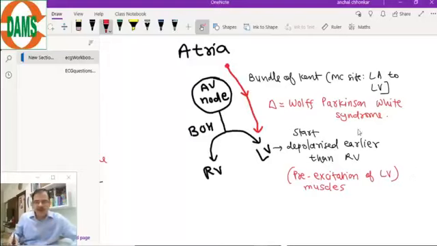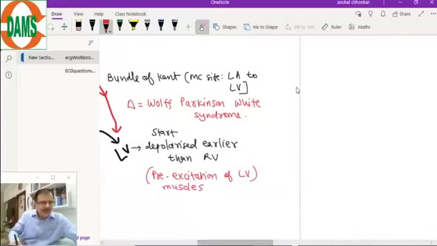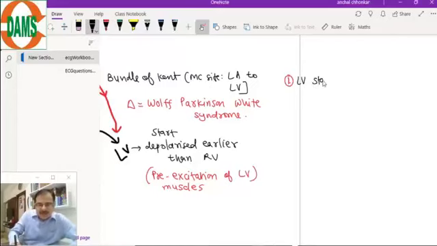So here what happens is that the impulse from the atria goes to the ventricle directly. So there is a pre-excitation of left ventricle muscles. Look carefully at the sequence of events. Number one, left ventricle starts depolarization early.